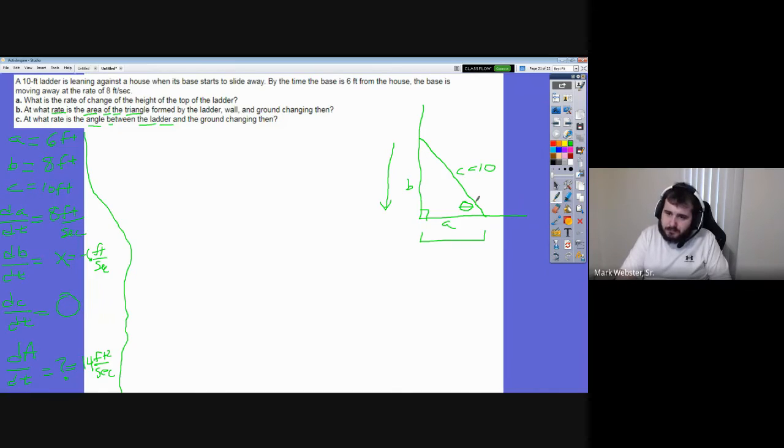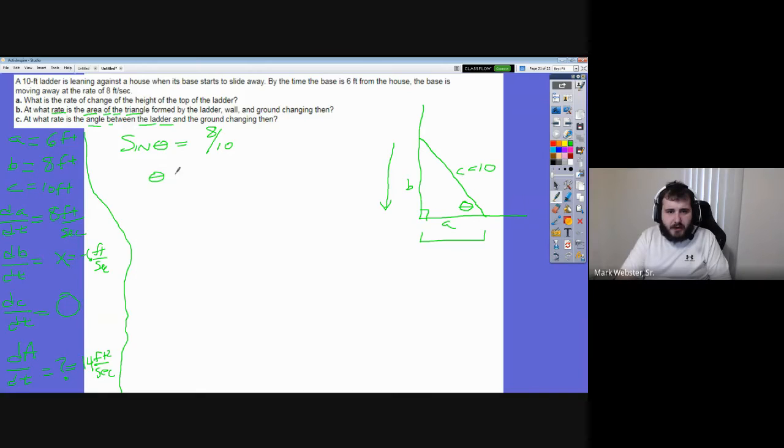First thing, you could use sine, right? Well, what's b? Opposite over hypotenuse. What's b is 8 over 10, right? Because you need to find the angle so that you can get the d theta dt, right?